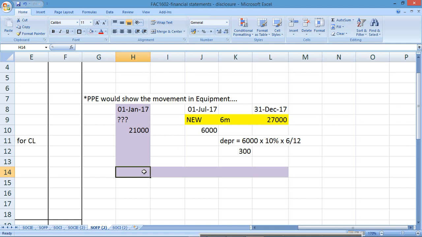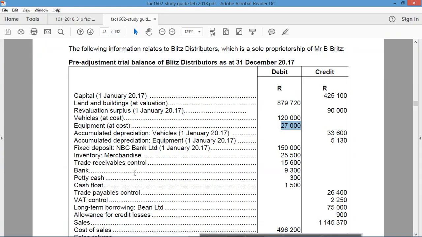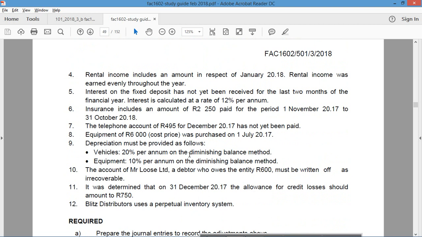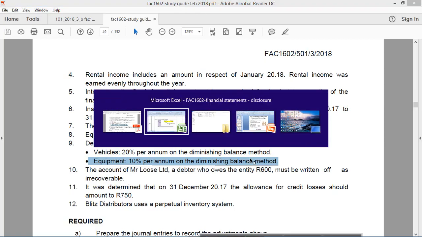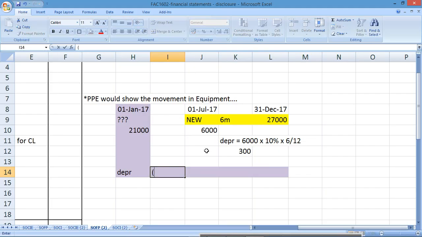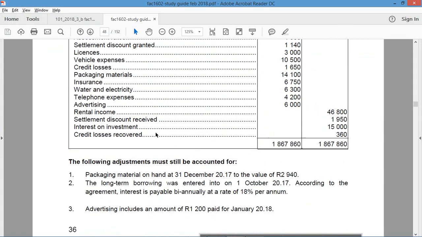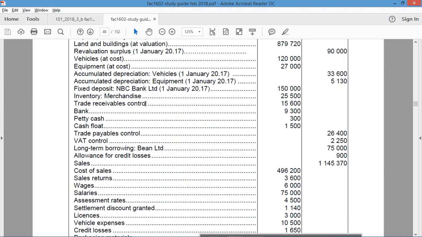Right, so for depreciation, does this have to use the accumulated depreciation? Yes. Why? Diminishing balance. Exactly. So diminishing balance would be what I had at the beginning of the year, which was 21,000, less the accumulated depreciation at the beginning of the year, which was how much? Where's equipment?